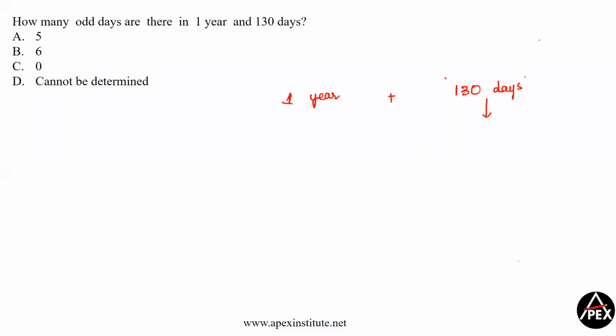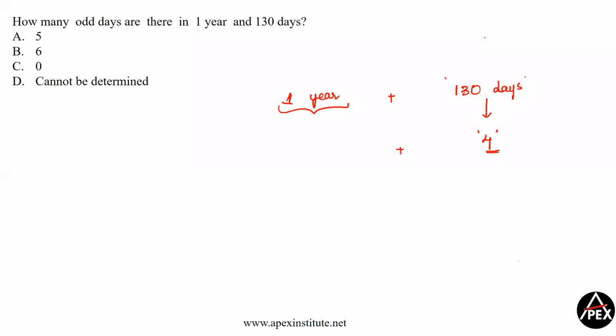Can someone tell me that? 4, right? 126 is divisible by 7. So the remainder should be 4. So in 130 days, the remainder will be 4. So you will be having 4 odd days in 130 days. Now, coming to this year. How many odd days do we have in a year?